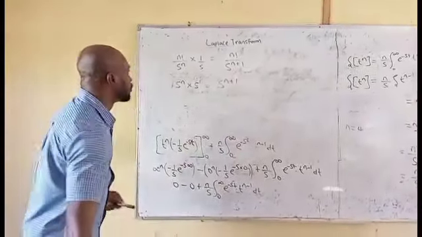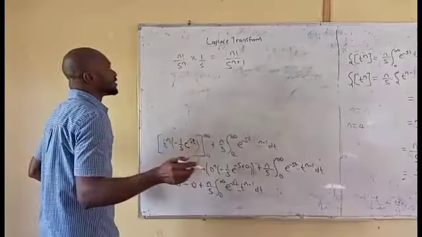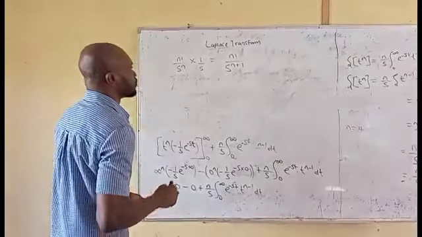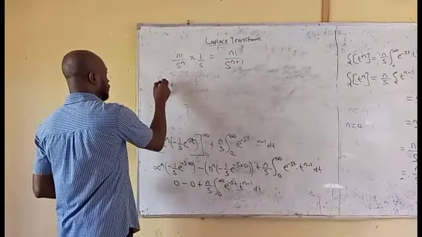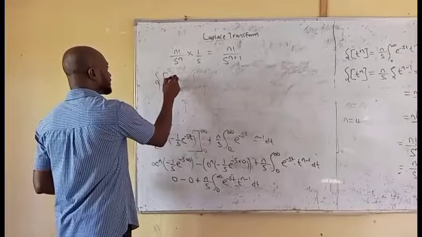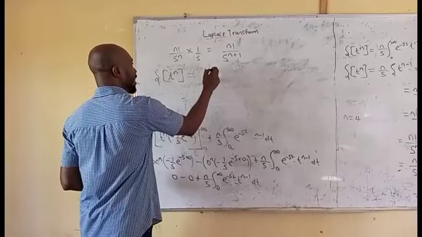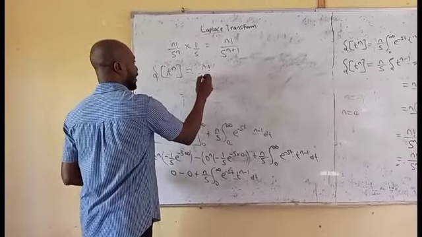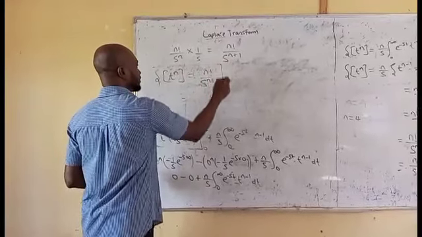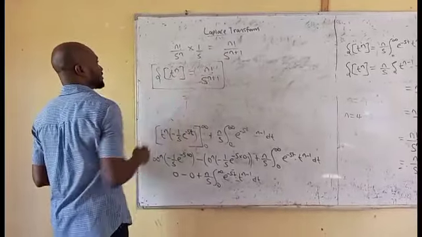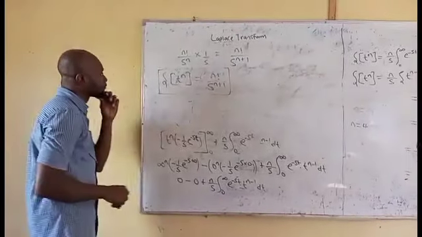So finally, the Laplace transformation of t raised to the power of n is going to give n factorial all over s raised to the power of n plus 1. This is the final answer. This is the second formula.